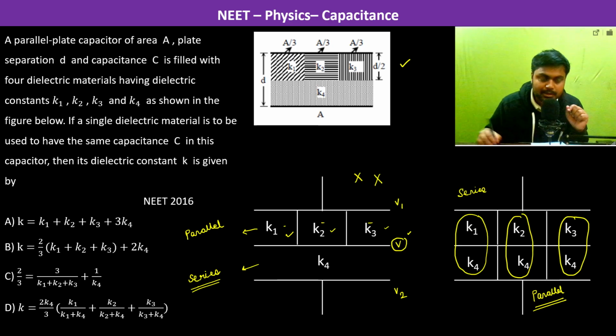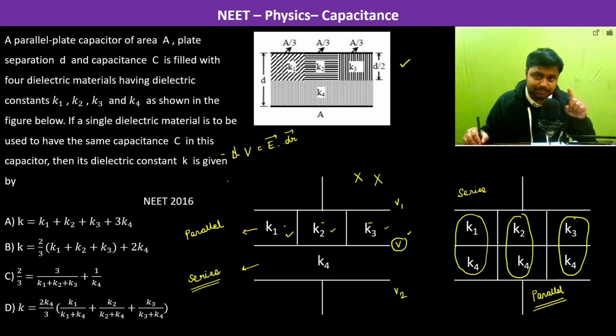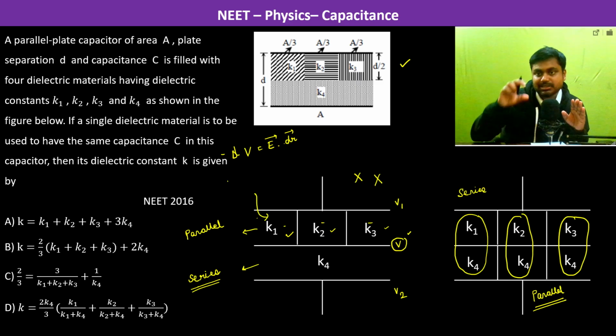Why? Potential difference: dV equals minus E dot dr, so potential difference is equal to electric field into distance. Now the electric field gets modified by placing the dielectric.